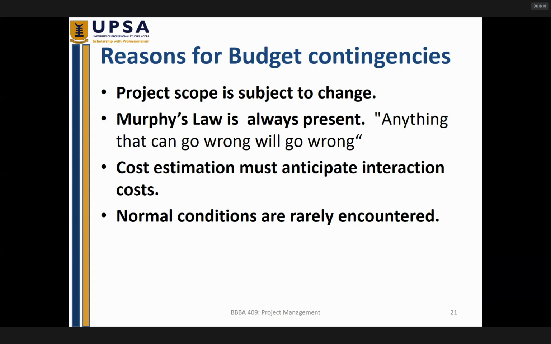Okay. So I think Murphy, based on these experiences, came out with this law, thinking that what you think would happen would definitely happen. Now, one of the ways to mitigate the effect of that law is to develop contingency budget.